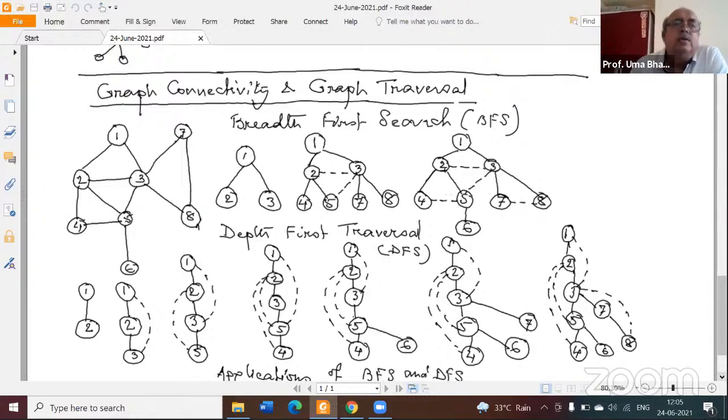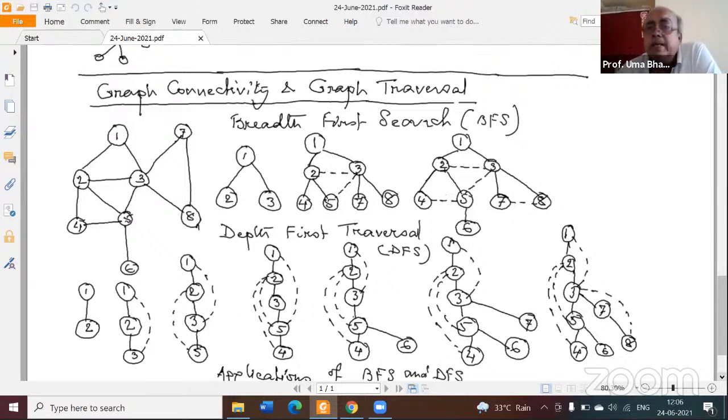From 5, I can go to 3 and 6. But 3 is already discovered. So put a dotted line. But 6 is new. So I come down to 6. Then 3 is already, I have come to 3. From 3, we have 7 and 8. So 3, 7, and 8 are at the same level.